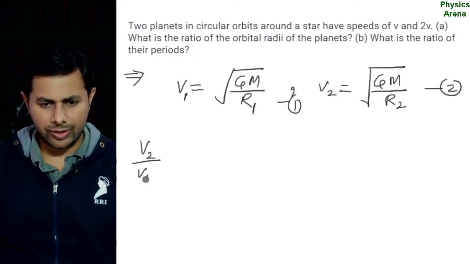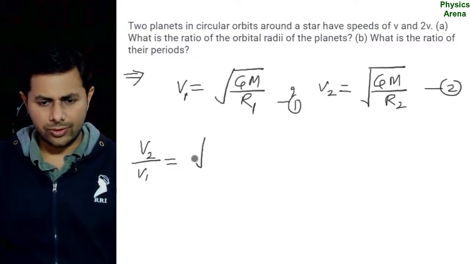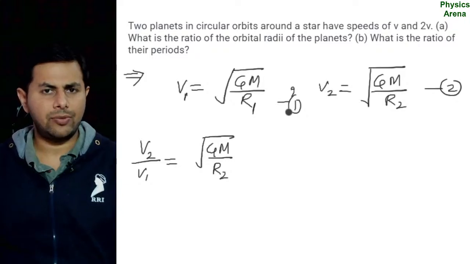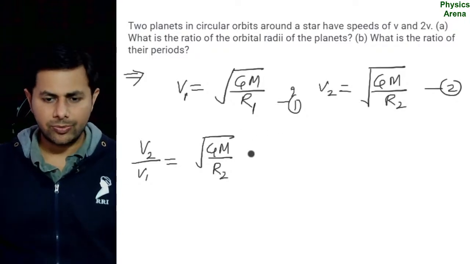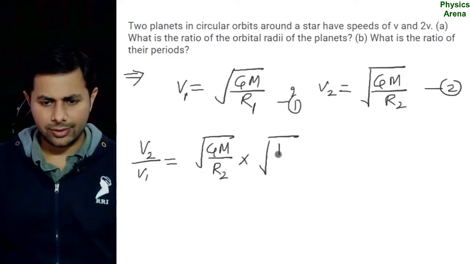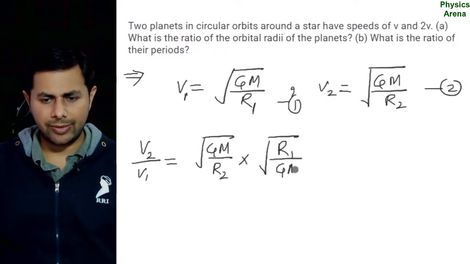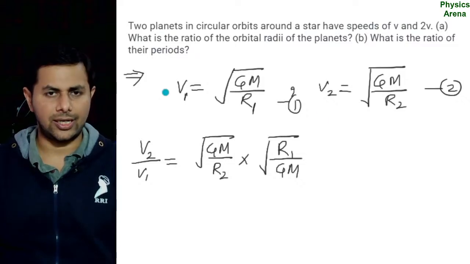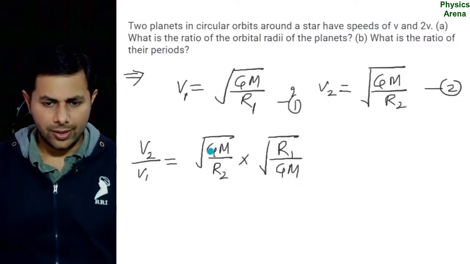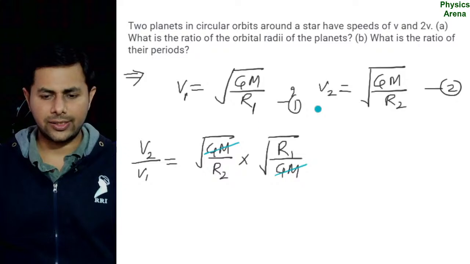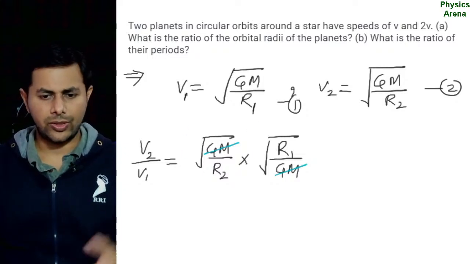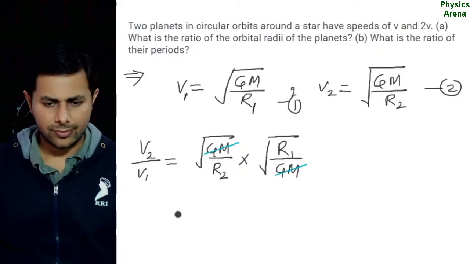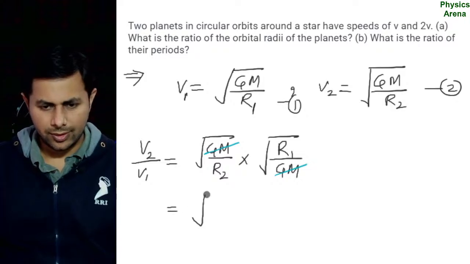So we have v2 by v1 equal to the square root of GM over r2, and dividing by GM over r1 is multiplying by its reciprocal, r1 divided by GM. What is M? M is the mass of the star, not the planet. So GM and GM get cancelled out and we are left with the square root of r1 over r2.